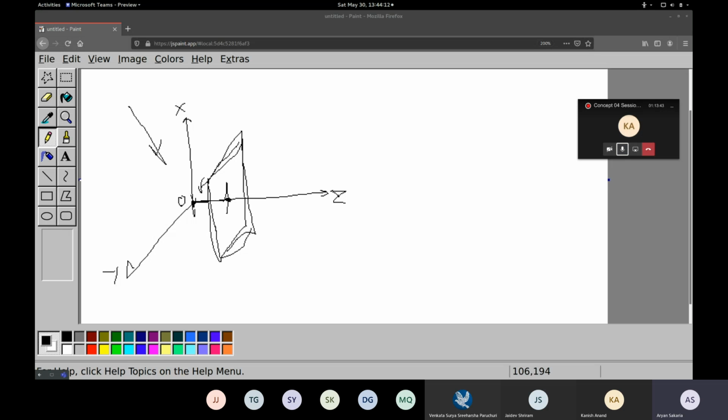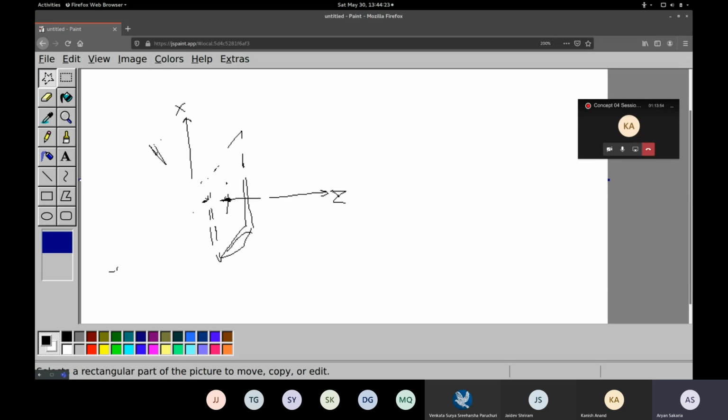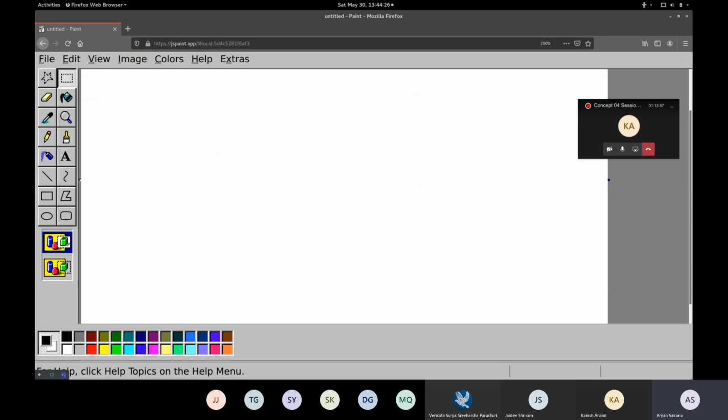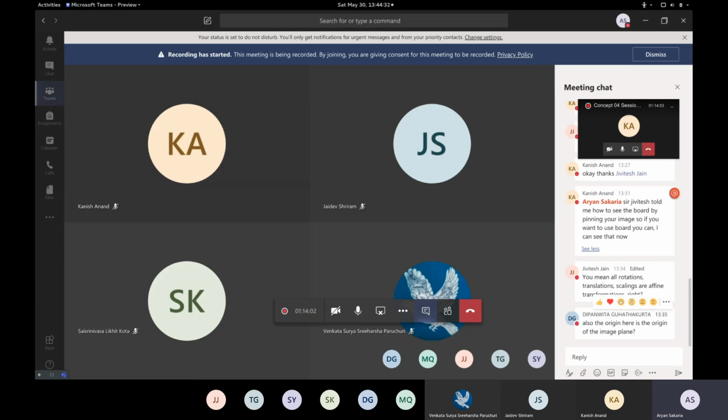I was just explaining that the image plane is a little away from the origin of the camera coordinate system. Dipanvita, does that answer your question? Origin here is the origin of the image plane. It's not the same origin.